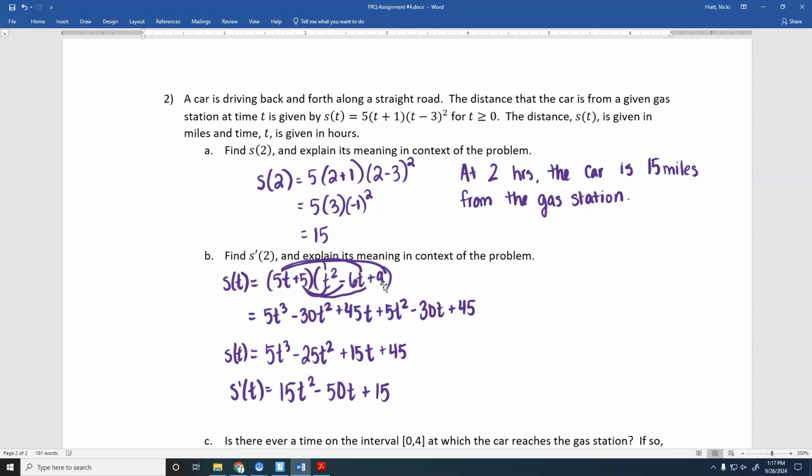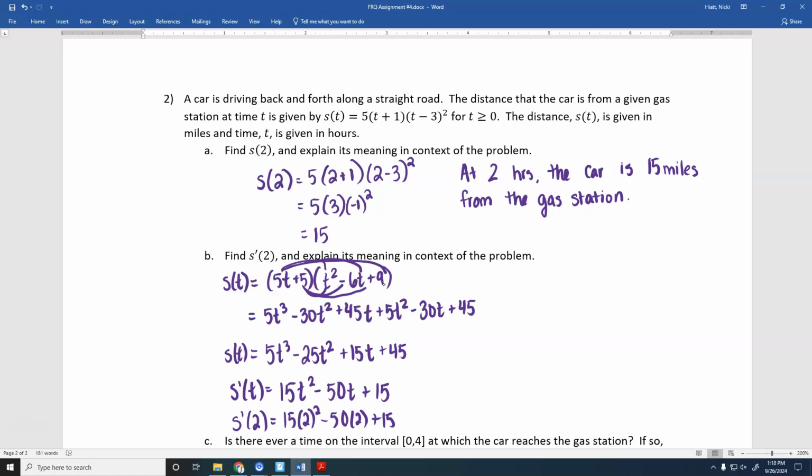And then if we want S prime of 2, we just plug 2 into this. And technically you can leave it here, but again, you got to write a sentence about it. It's going to be a little easier to do with a number.